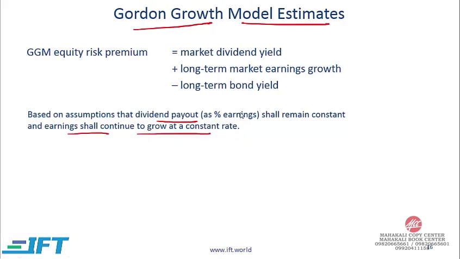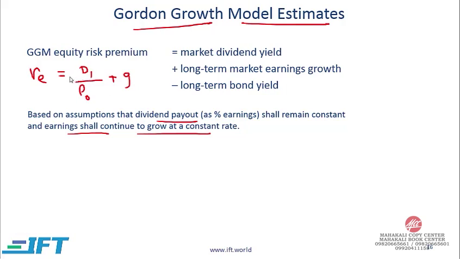So I'm going to connect this with what you are very familiar with. If you take the case of just one company, where we are saying that the earnings and the dividends will grow at a constant rate G, then what do we say is the required return? We say the required return is D1 over P naught plus G, right?